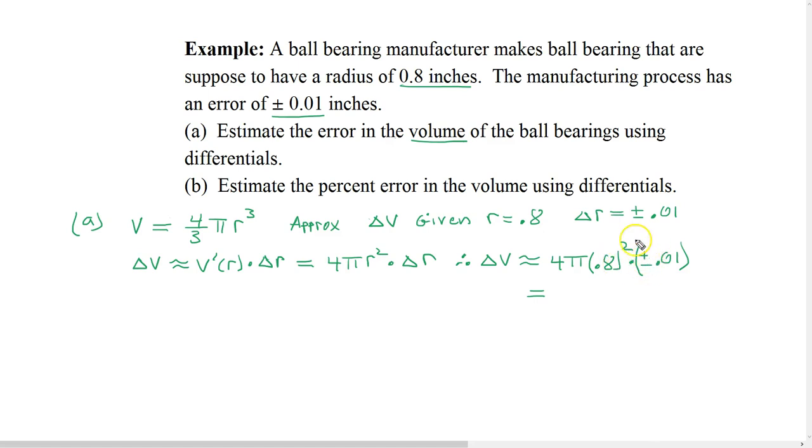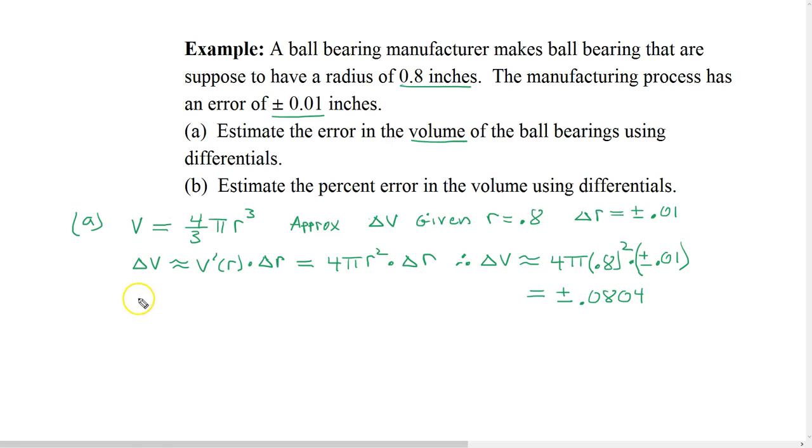This plus or minus really gets pulled out in front of the 4. This means this whole quantity times positive 0.01 or negative 0.01. So evaluating this, you're going to get plus or minus, we'll pull that plus or minus out front, and then evaluating the rest of this on our calculator, we'll get 0.0804, rounding to 4 decimal places.